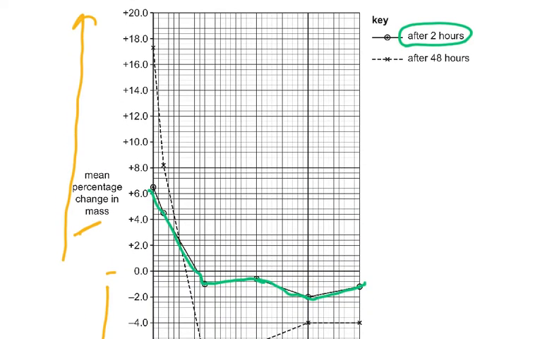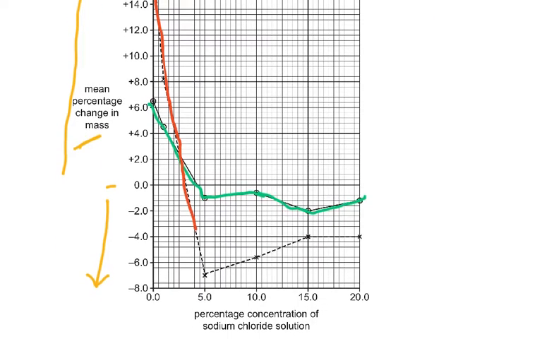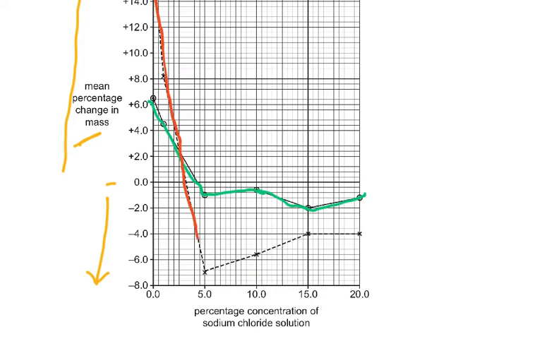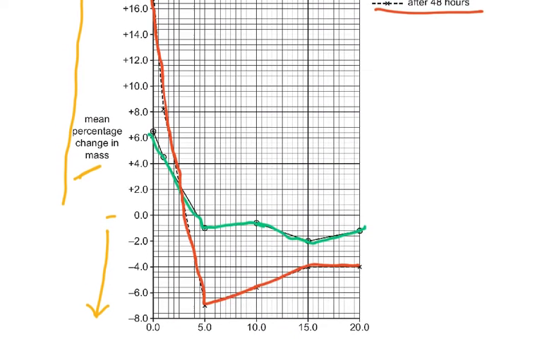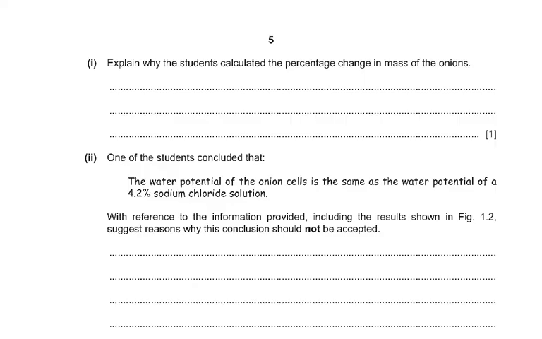And the other one, which was after 48 hours, you can see in the graph how there's been an increase in the water, and then in the 5% there's a big decrease, and then a little this and this, and then it becomes constant. So look at this graph very carefully, understand it, and think about it. So there's a negative change and there's a positive change in mass.